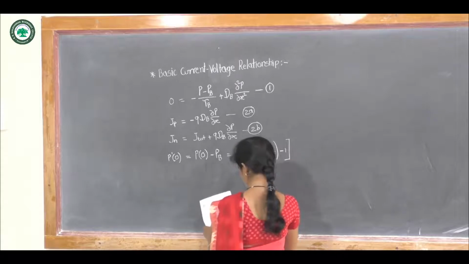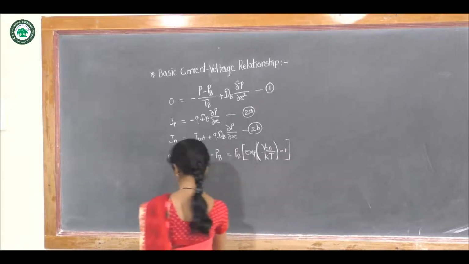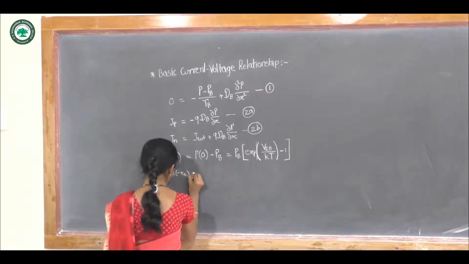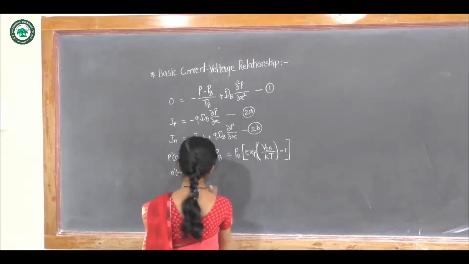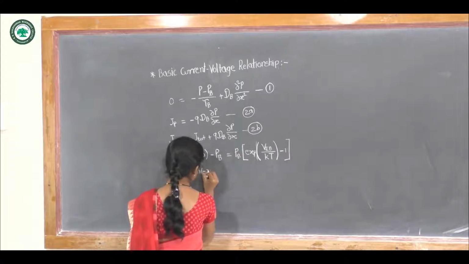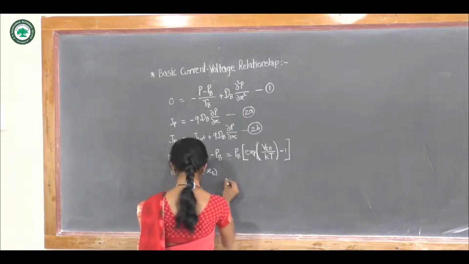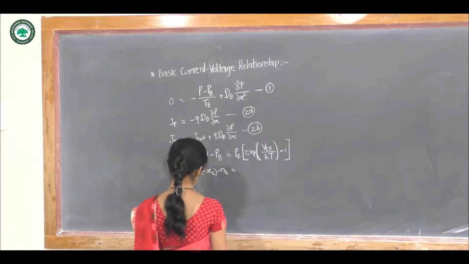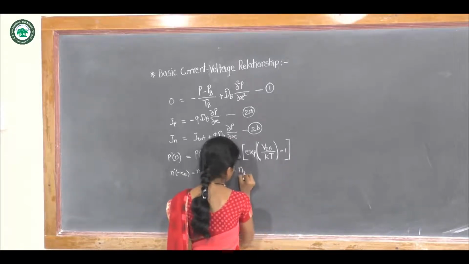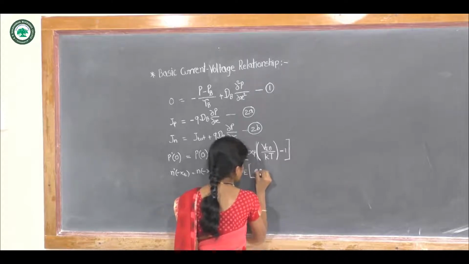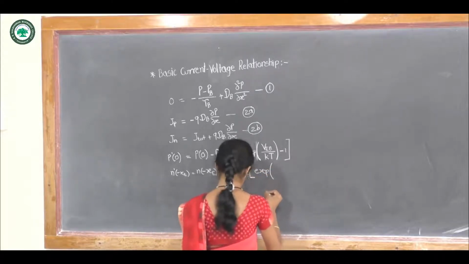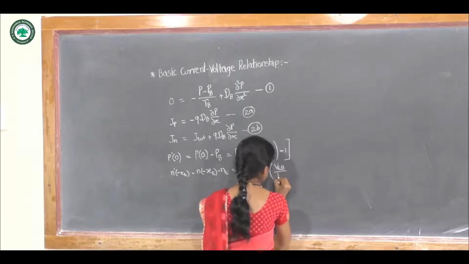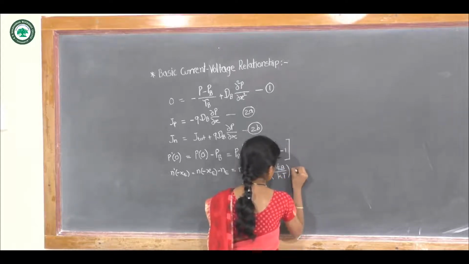This is equation number 3, and n dash of minus XE is equal to n of minus XE minus NE, which is equal to NE into exponential of (qVB by KT minus 1).